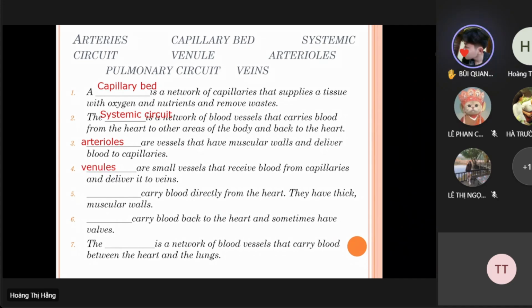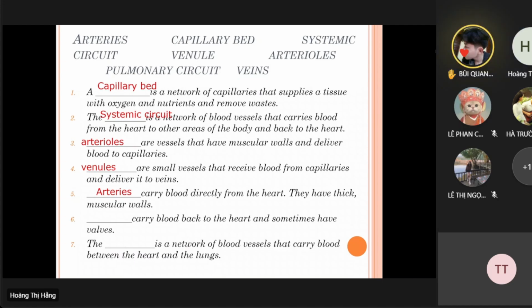Number 5, arteries carry blood directly from the heart. They have thick muscular walls. And these arteries are called? From the heart outside to the body, to other parts of the body?